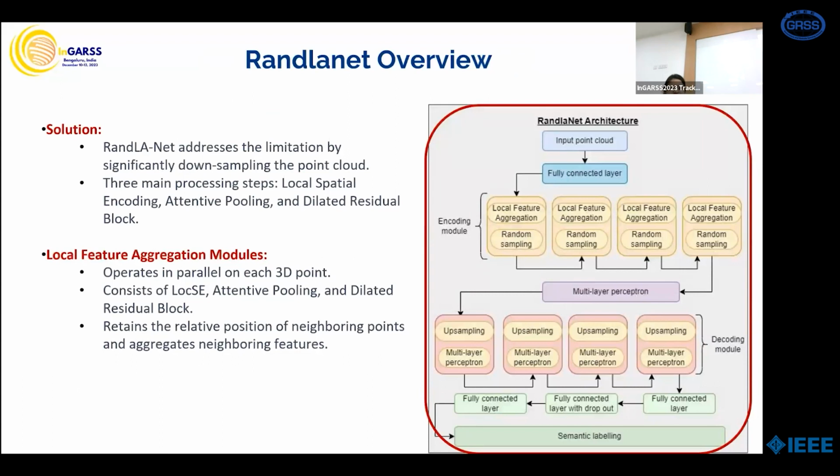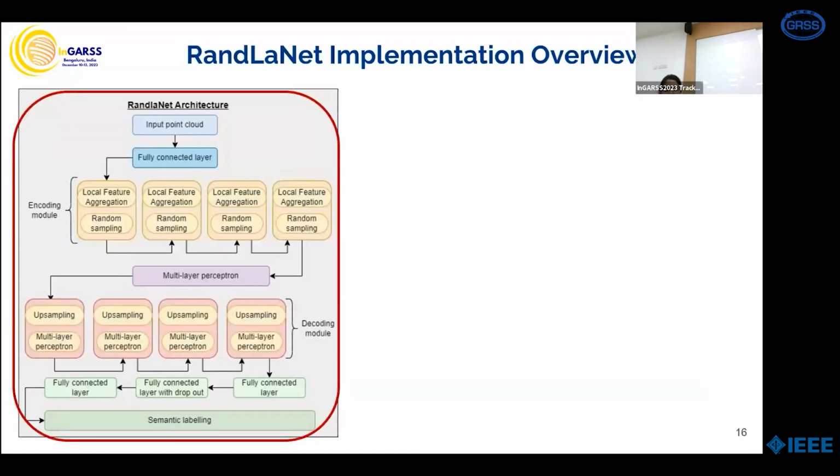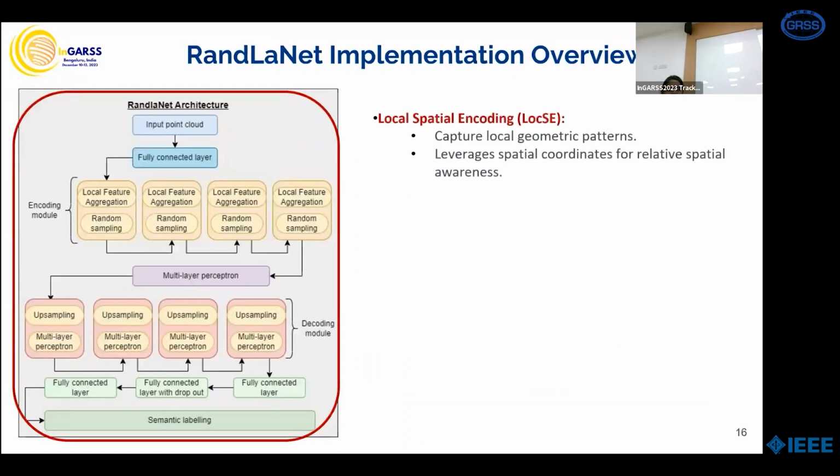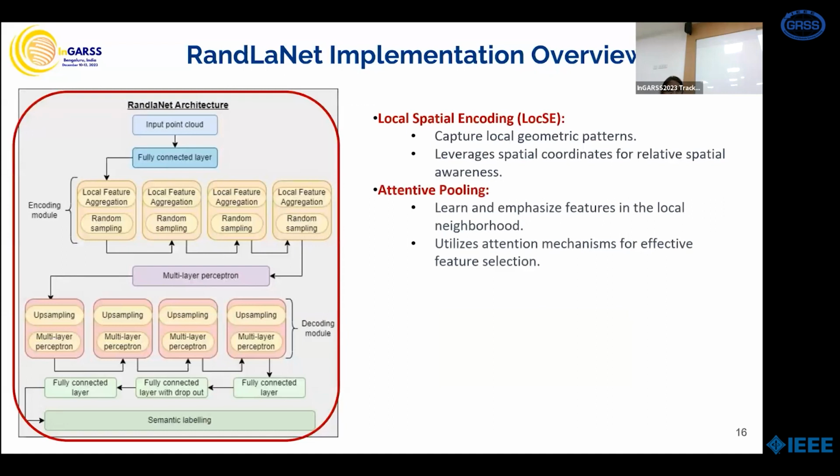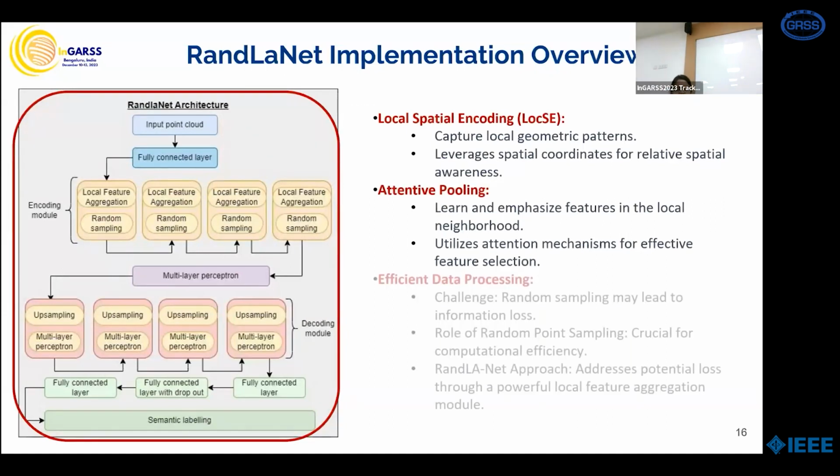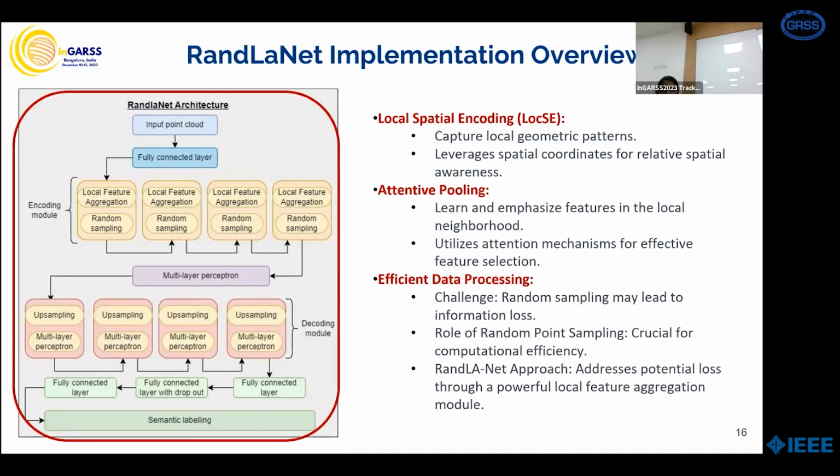The architecture involves 3 major steps: local spatial encoding, attentive pooling, and dilated residual block. These steps are implemented concurrently on each 3D point, and collectively retain the relative position of neighboring points and preserve features.